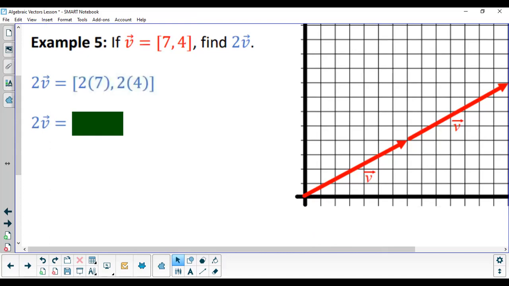So it makes sense, if we're going to double the magnitude, we have to double the horizontal component and the vertical component in order to get in component form what the new tip of the vector is going to be. And that point will be x is equal to 14, y is equal to positive 8. That will be the tip of the new vector.